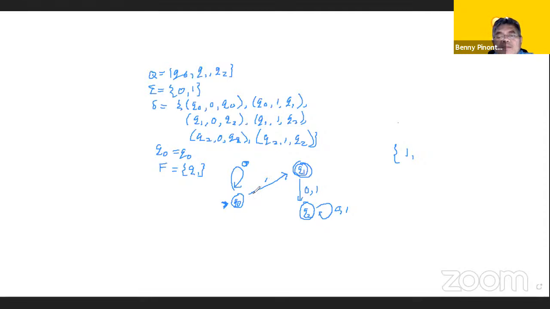And then what else? Now you can just take this 0 and then go with 1. You can make a loop 2 times with 0 and then go to the final with 1. And then 3 times with 0 and then go to the final with 1, and so on.